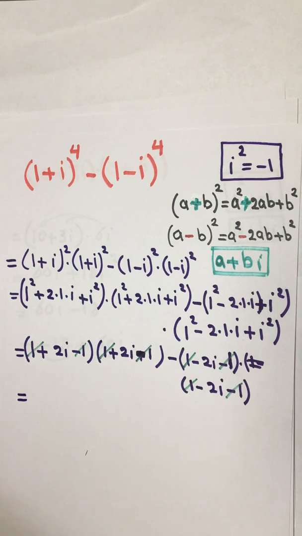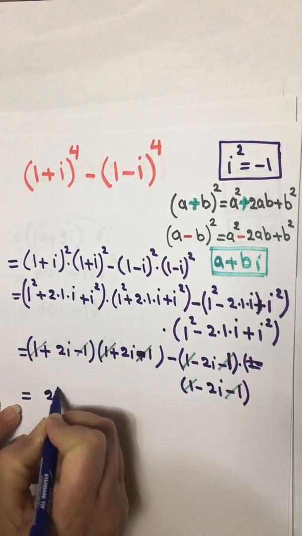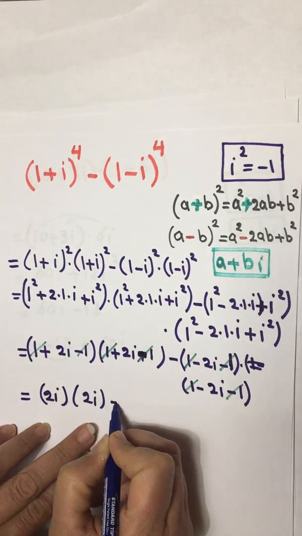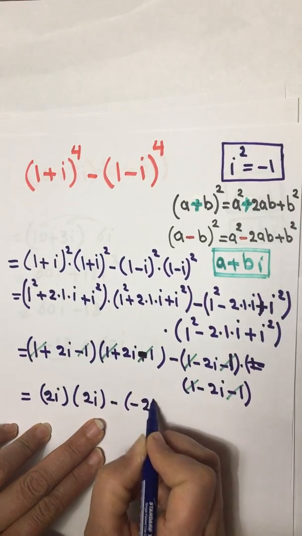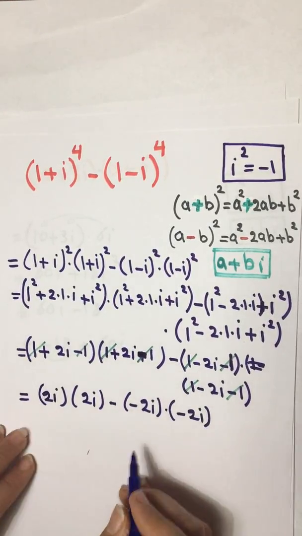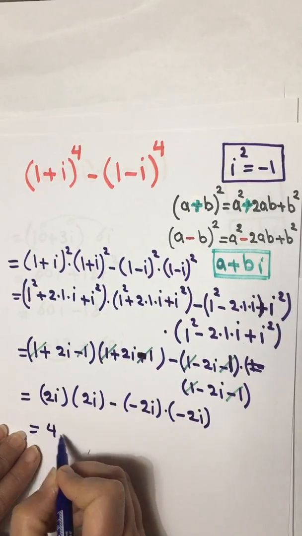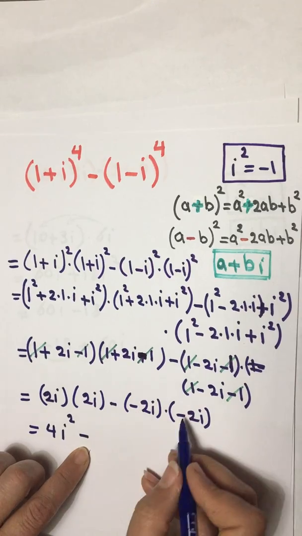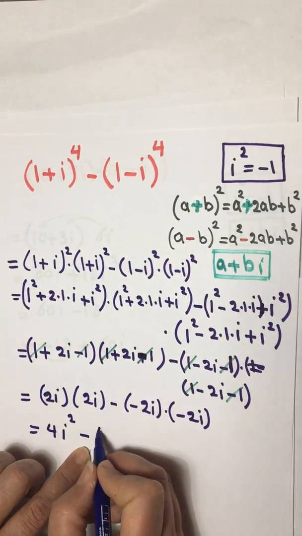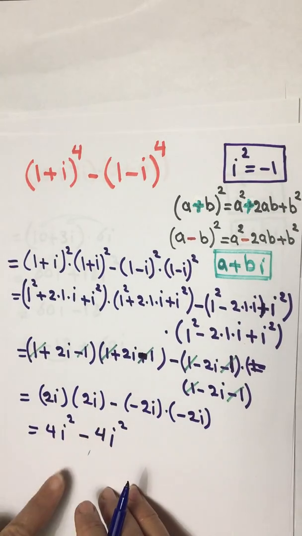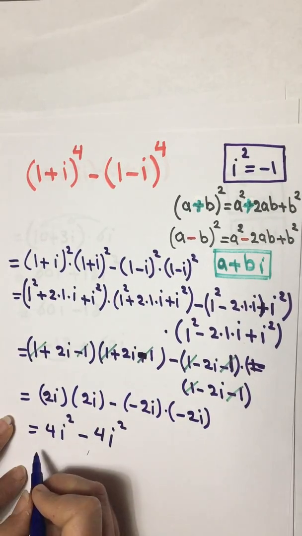Now I have 2I times 2I minus negative 2I times negative 2I. So this 4I squared minus negative times negative, positive 4I squared, and positive 4I squared are going to cancel out, and the answer is going to be 0.